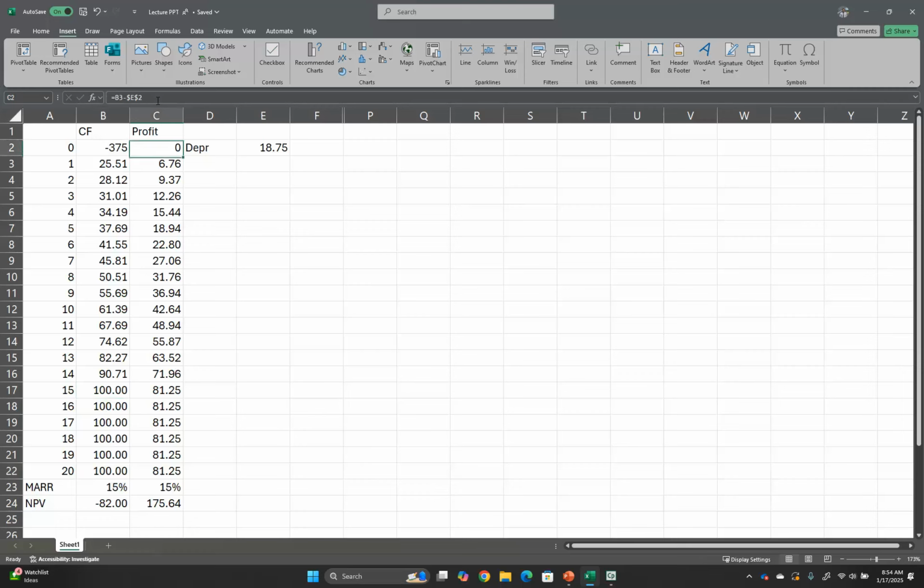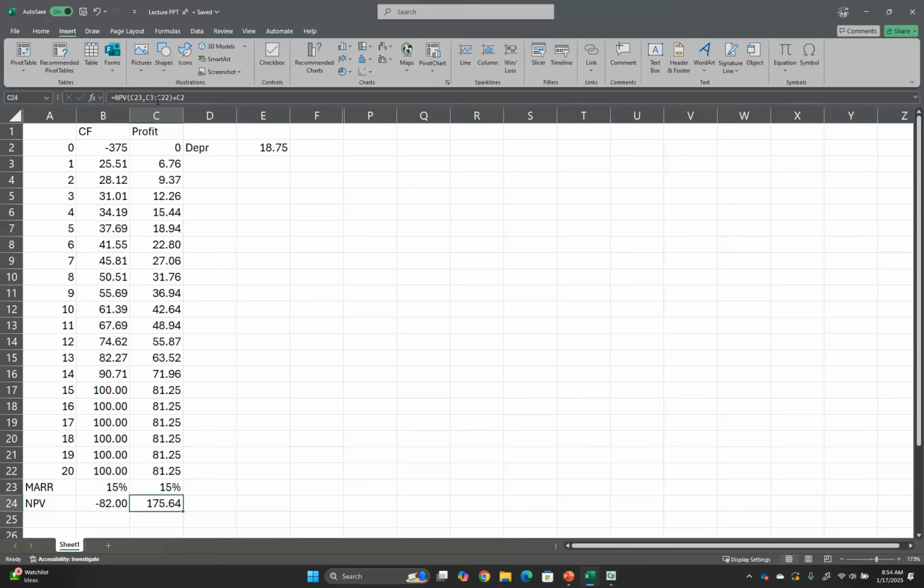And the profit essentially is the difference of the cash flow, assuming nothing else is happening, and the depreciation. The depreciation is constant, straight line, and therefore it is essentially 375 divided by the lifetime of the project, which is 20 years, so 18.75. And so these are the profit numbers here.